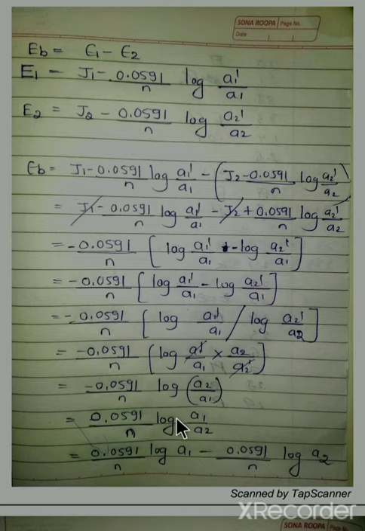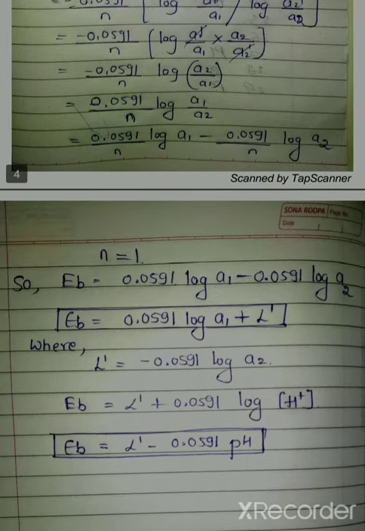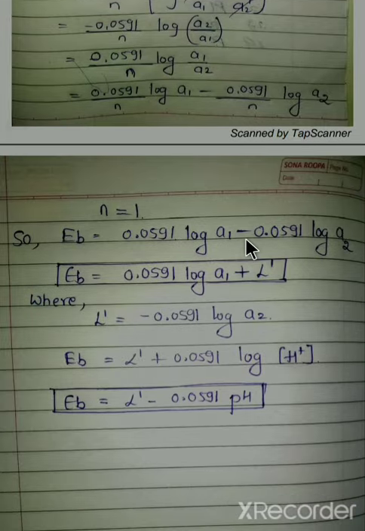So now for this particular glass electrode, you will have the activity of H plus ions. The number of electrons involved in the reaction is 1, so n equal to 1. You can put the value of n as 1. Now you end up with EB equal to 0.0591 log A1 minus 0.0591 log A2.